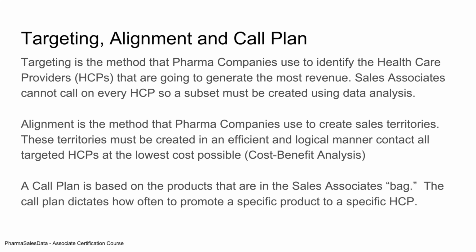Alignment is the method that pharma companies use to create sales territories. These territories must be created in an efficient and logical manner so you can contact all of your targeted healthcare providers at the lowest cost possible. So this is your cost-benefit analysis. It makes no sense to have a sales rep cover 500 square miles because they spend the majority of their day driving around.